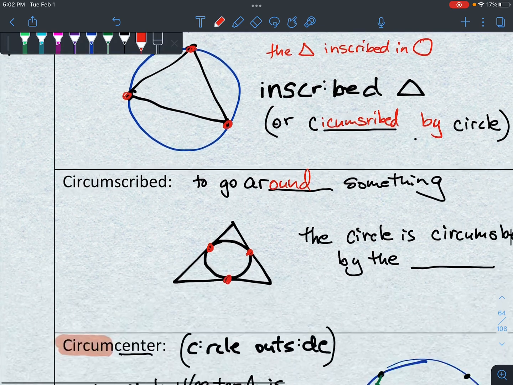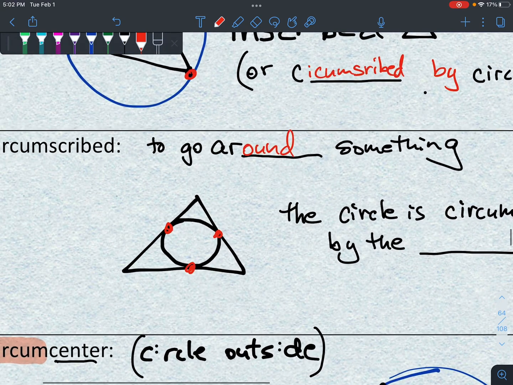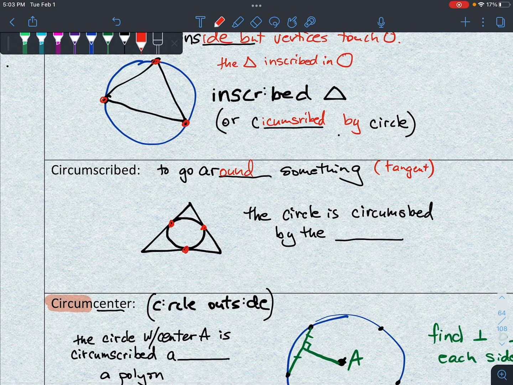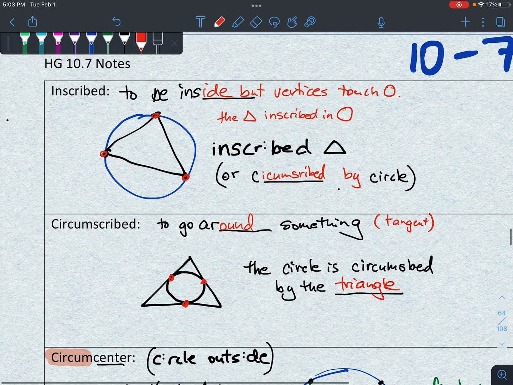Okay? Whereas circumscribes is to go around something, and you are tangent. All right, so the circle in the second example is circumscribed by the triangle. So try to keep those two words separate.